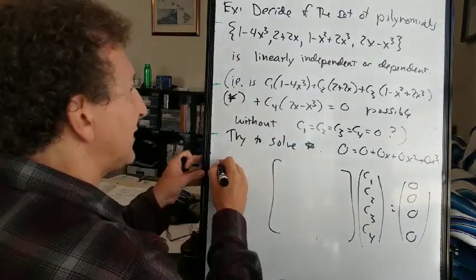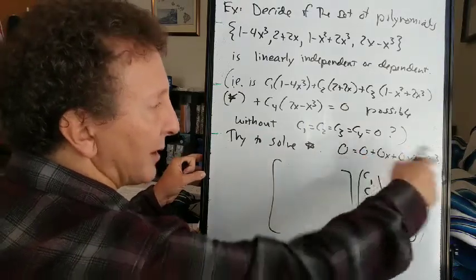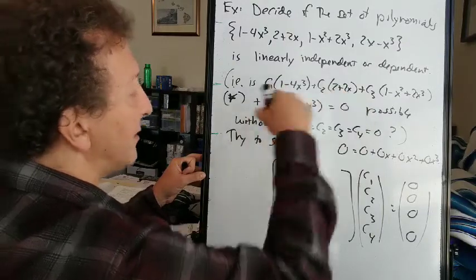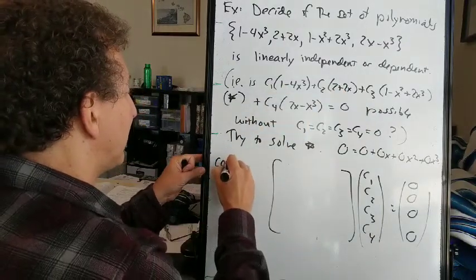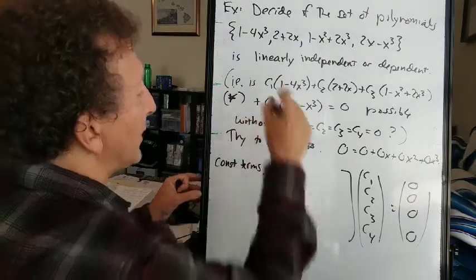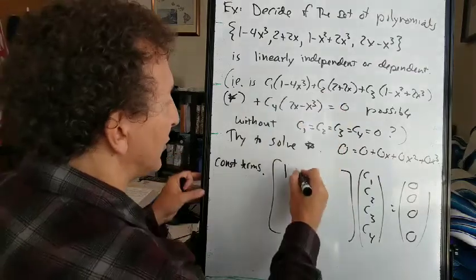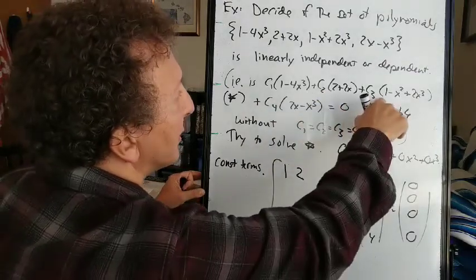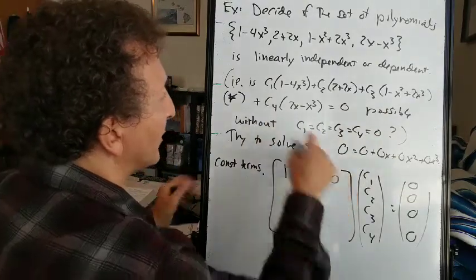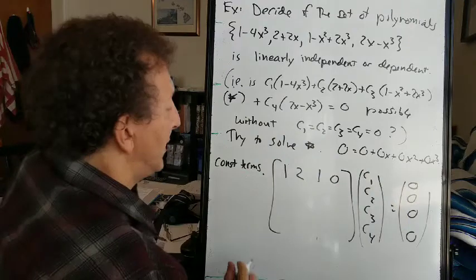So if we look at constant terms on both sides, that's the 0 on the right-hand side without any x's, and then the constant term of c1 times 1, etc. on the left-hand side. So we have 1 times c1 plus 2 times c2 plus 1 times c3 plus 0 c4, because there's no constant term here. So that should be equal to 0.